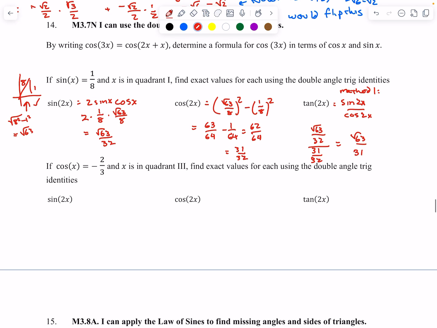Okay, so if you're in quadrant 3, cosine and sine are both negative. So we draw it in quadrant 3, left 2, hypotenuse 3. The other side is square root of 3 squared minus 2 squared, which is root 5, but it's negative.